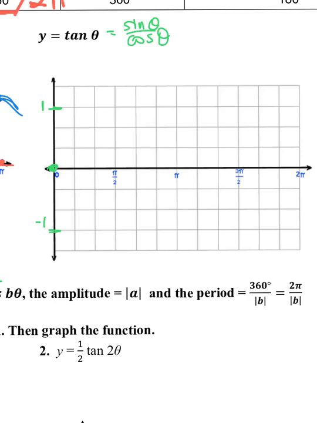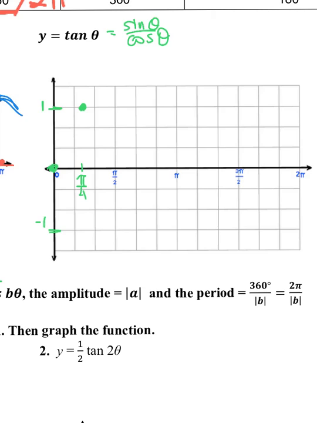And I'm going to jump to pi over 4. Now at pi over 4, we see that sine and cosine are both at rad 2 over 2. So that gives me a ratio of 1. So it gets me a point right there. And then at pi over 2, sine over cosine, the y-coordinate over the x-coordinate, if you're looking at your unit circle, is 1 over 0.